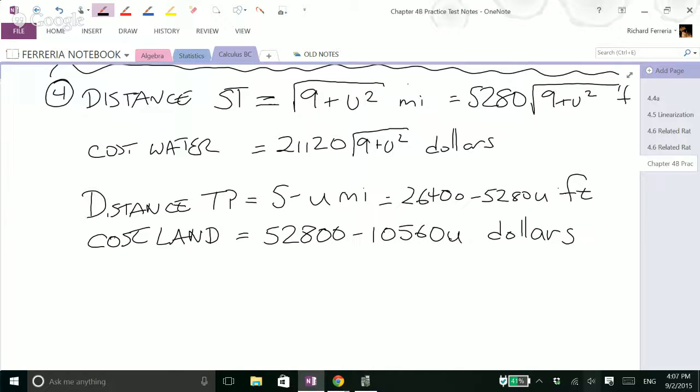I multiply the distance quantity by 5,280 to get how many feet, and then I multiplied the number of feet by 2 to get the amount of dollars, because it's $2 per foot.